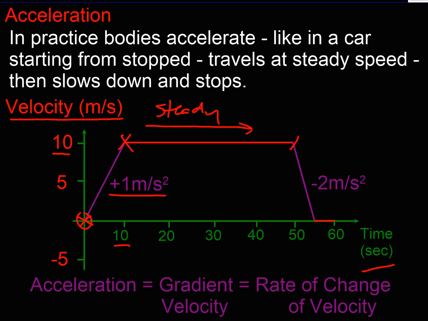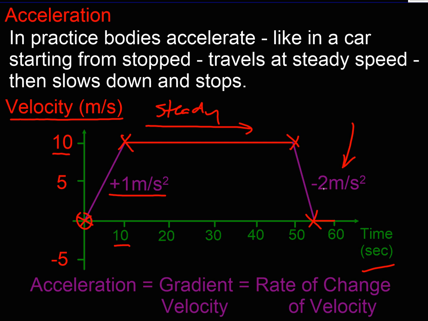After 50 seconds, we need to stop and get off our bike again, or stop our car. So what do we have to do? What most people would in vernacular call decelerate, until we stop. There we go, there's our stop point. In mechanics, we try and avoid using the term decelerate because acceleration is a vector quantity. What we actually talk about is a negative acceleration.